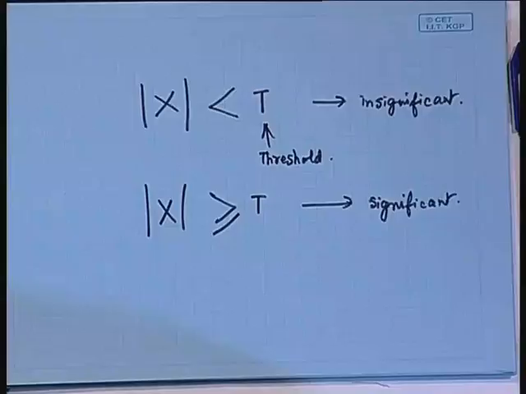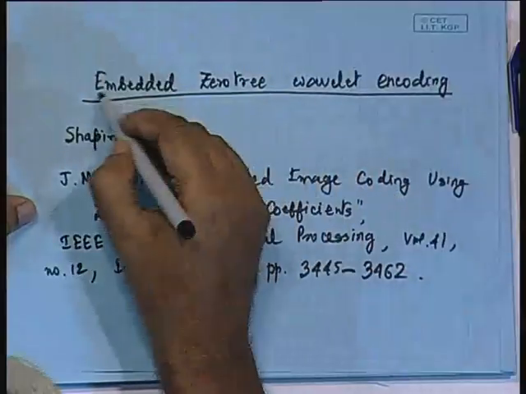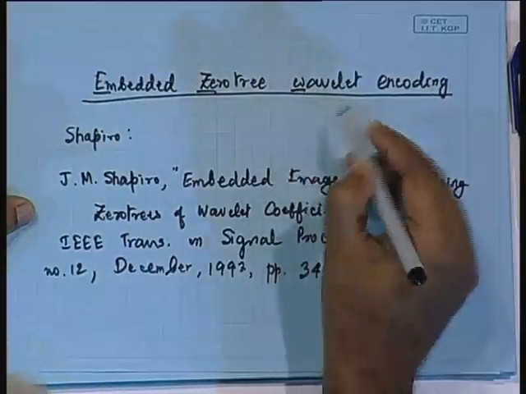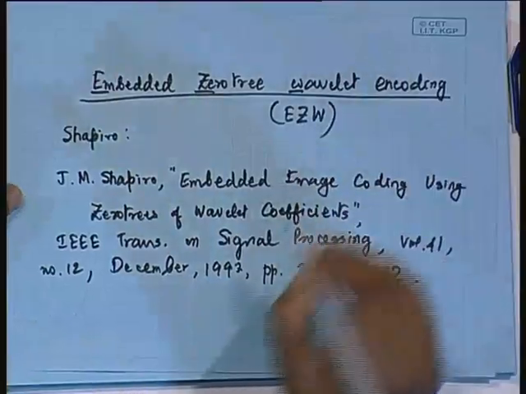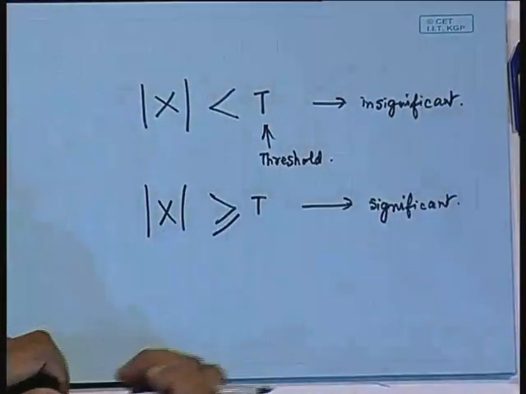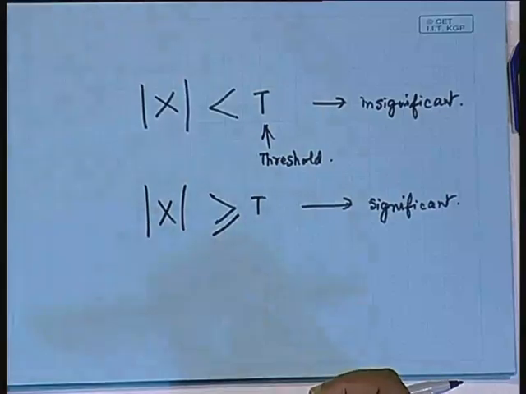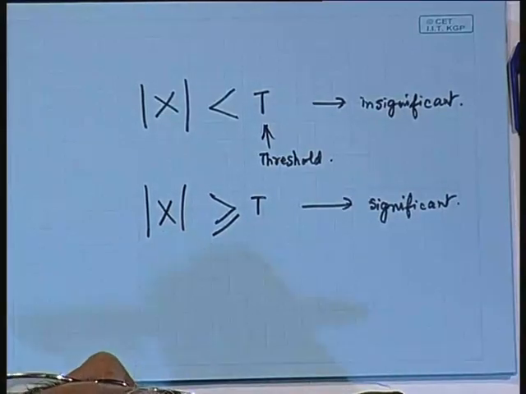Shapiro's embedded zero tree wavelet, rather than calling it such a long name, I would call it EZW. It is a very popular term that you will find in the wavelet encoding literature, the embedded zero tree wavelet or the EZW coding technique.